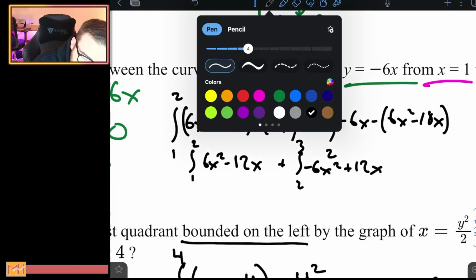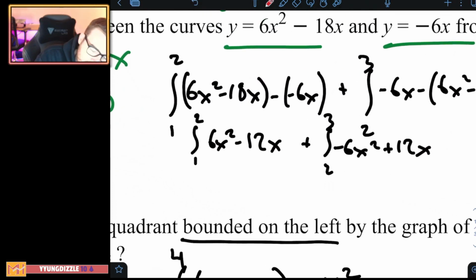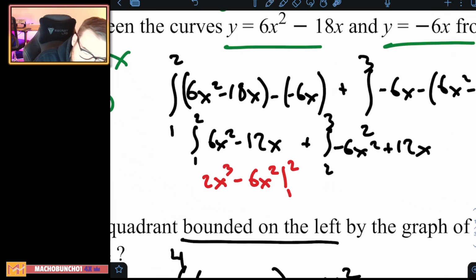And yeah, let's see what happens here. So this is going to become 3x, no, it's not, 2x cubed minus 6x squared from 1 to 2. Bump it up by 1, divide, you get 2.